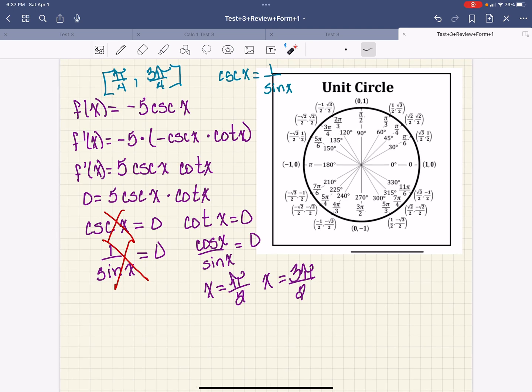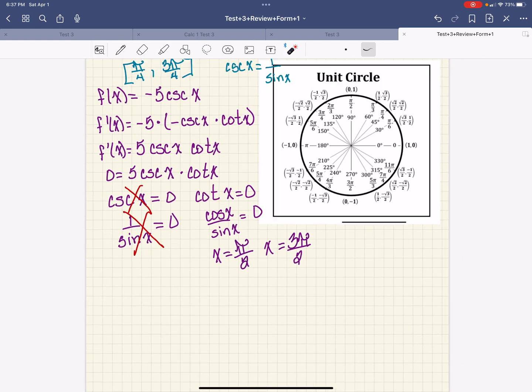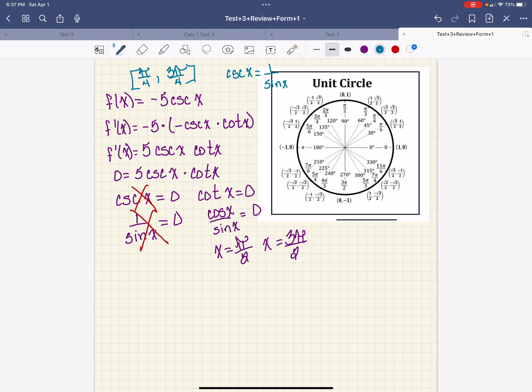So we are going to go back to our original function and plug these in. So I'm going to have f of pi over 4. The reason that we're doing pi over 4 is that it is an endpoint. Then we are going to have f of pi over 2 because that's a critical value that we found.